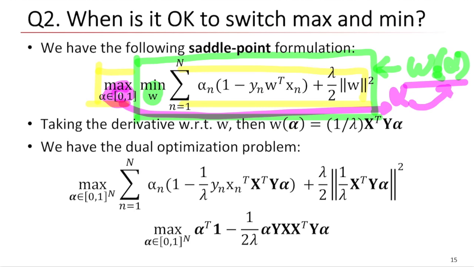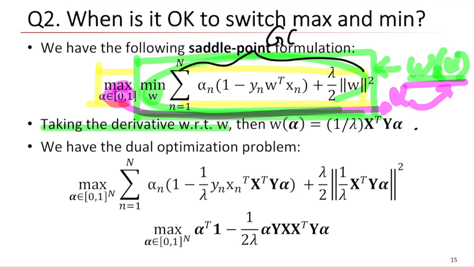So how can we find the W of alpha first? How can we find this one? Because this is a quadratic function, we can just find the derivative with respect to W. This is the g(x, W), right?